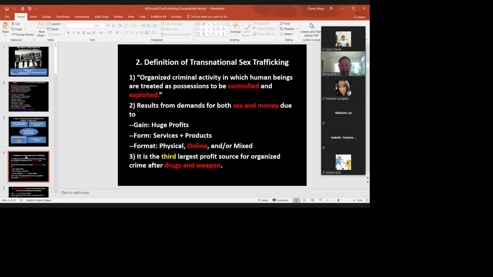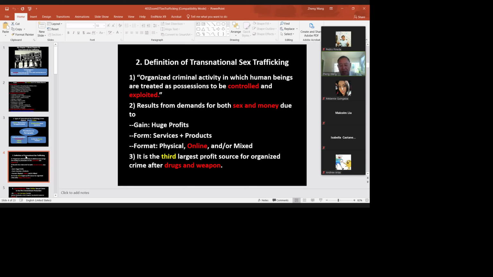Then the format: physical, the traditional way; online, which is what we focus on in this chapter; and a mixture, physical and online put together. This is what we call the third largest industry for organized crime groups, after drug trafficking and weapon smuggling.